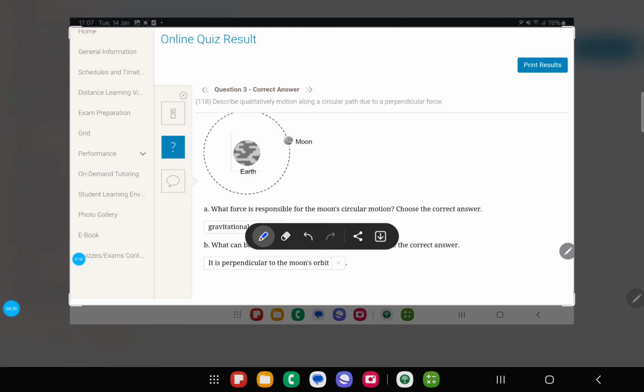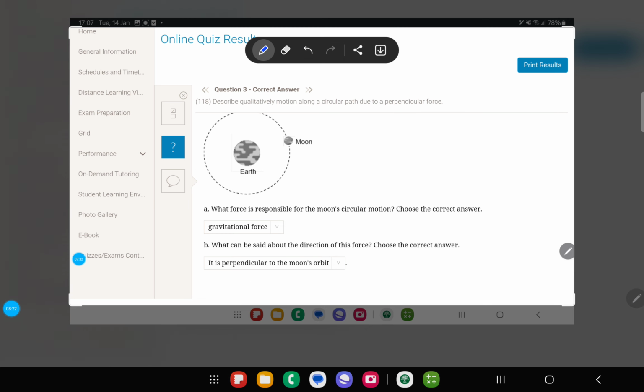That's it. And now for the second one, what can be said about the direction of this force? Well, yes, it is perpendicular to the moon's orbit. Direction of the force is over here. I think it's over here or over here.